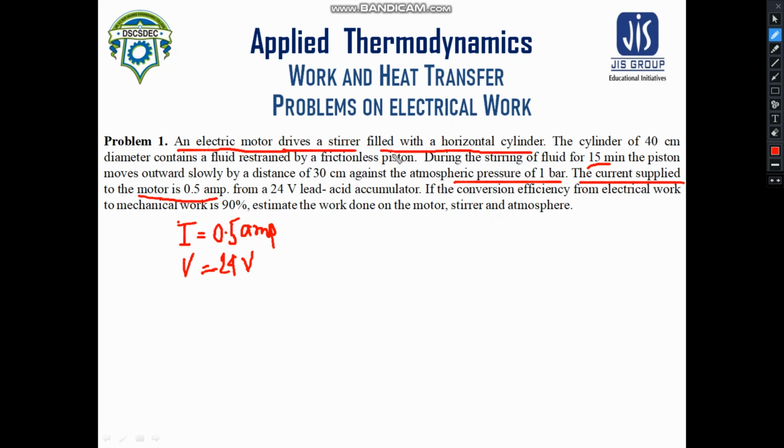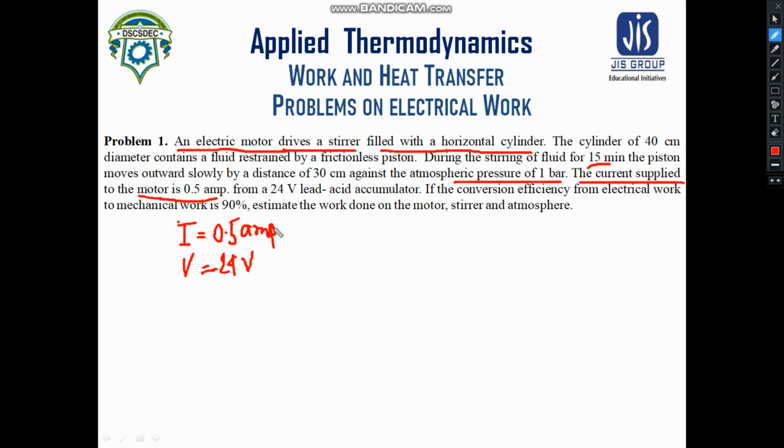So electrical work is transferred to the stirrer. Now regarding this conversion, some amount of energy is wasted. So 10% energy is wasted. If 100 joules is produced by electrical work, then 90 joules will be supplied to the stirrer.